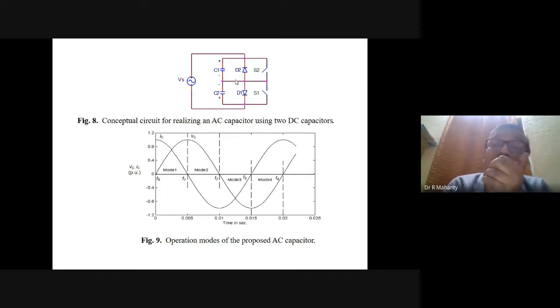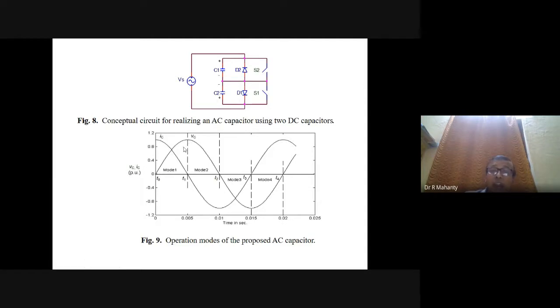For that we are using two DC capacitors, two switches S1, S2, and two diodes D1 and D2. I am again repeating the operation of this circuit. It can be divided into four modes. In mode 1, C1 and D1 are conducting, and at the end of this mode the capacitor voltage becomes equal to the supply voltage.